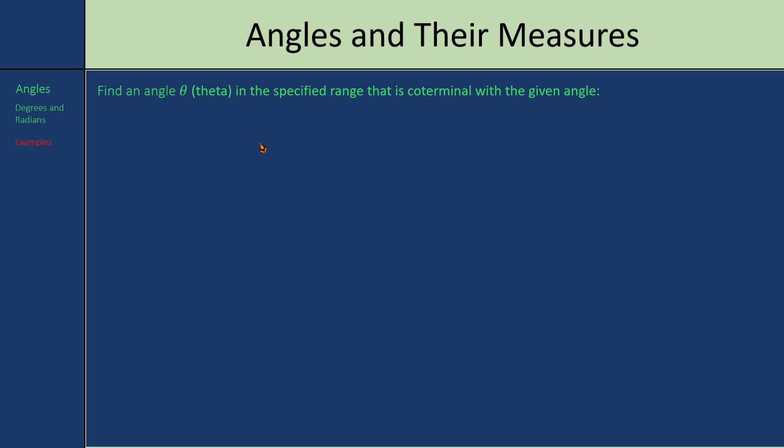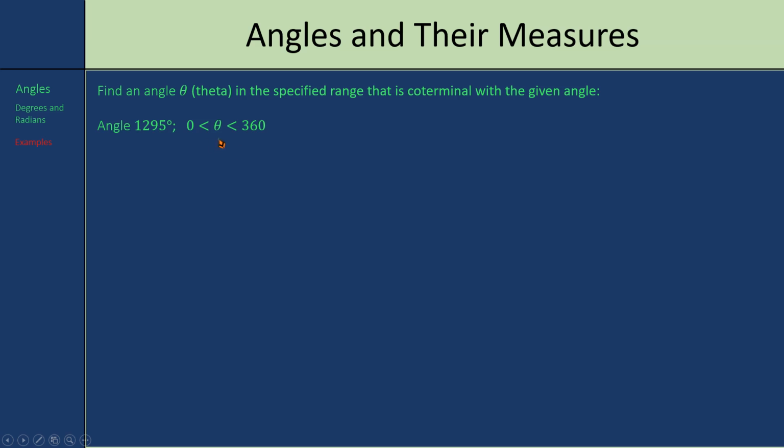Okay, here you find an angle theta. You guys gotta get used to the symbol here, the Greek symbol. This is called theta. We use this a lot to represent angles. So the angle theta in the specified range that is coterminal with the given angle. See what that means. They give you an angle and they want you to find a coterminal angle in this range, greater than 0 but less than 360.